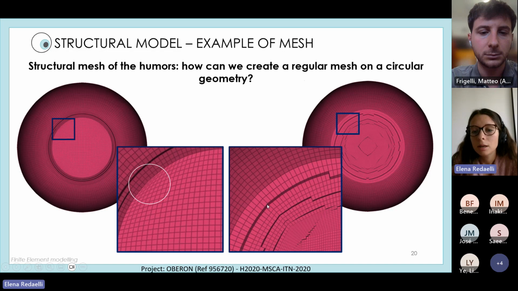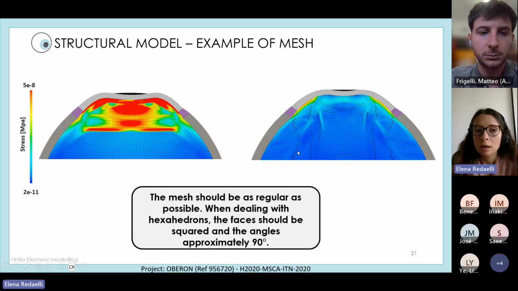Here, a different technique has been used to mesh the geometry, and no elements are degenerated. So, as our rule is saying, this is the best mesh. But why? Because if we run the simulation, we obtain a concentration of stress that is non-natural. It's only numerical.